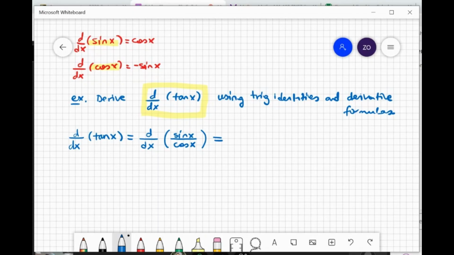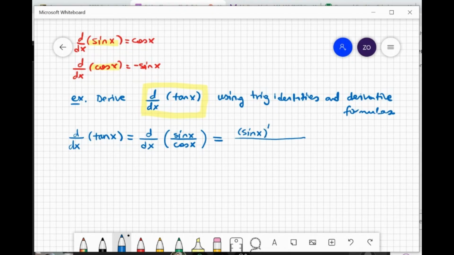The derivative of a quotient, we can use the quotient rule, as the name suggests. And what was the quotient rule? The derivative of the top times the bottom function minus the derivative of the bottom times the top function, remember? Divided by the square of the denominator. So I will just write it like this.